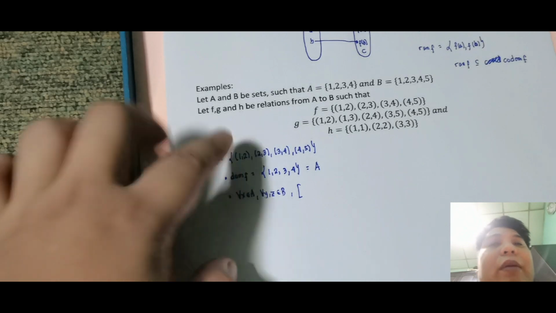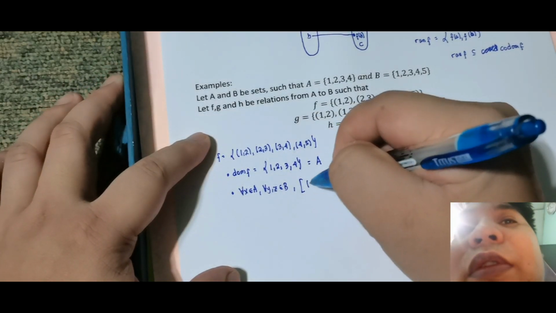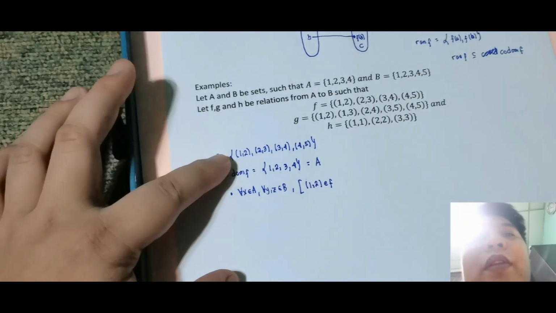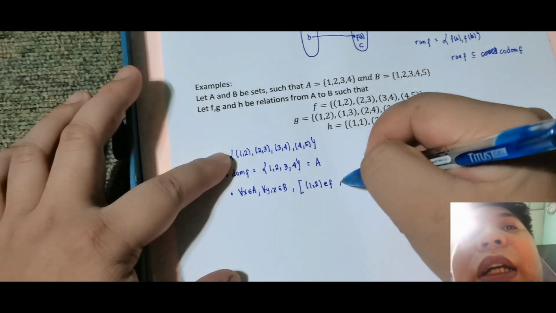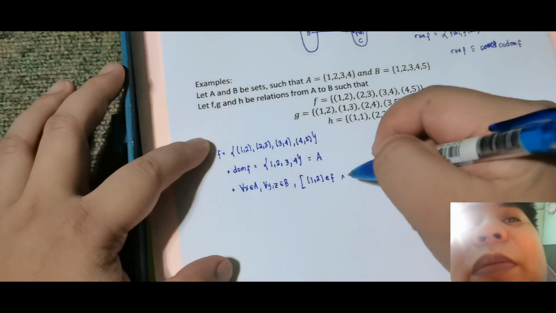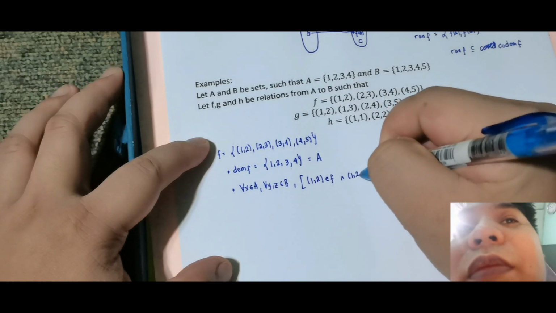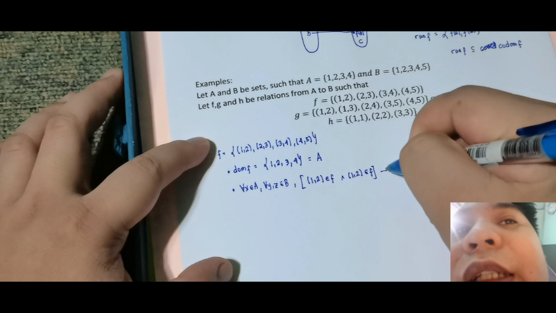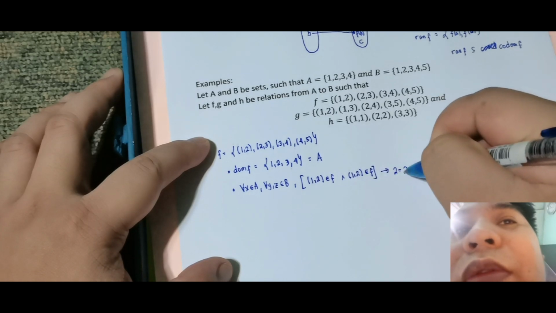So, nakita ko (1, 2). Okay, so (1, 2) is an element of F. Meron ka ba bang nakitang (1, something)? Pero wala na po. Ang nakikita ko lang na (1, something) is just (1, 2) pa rin po. So, that is (1, 2) element of F. This implies that 2 is equal to 2.